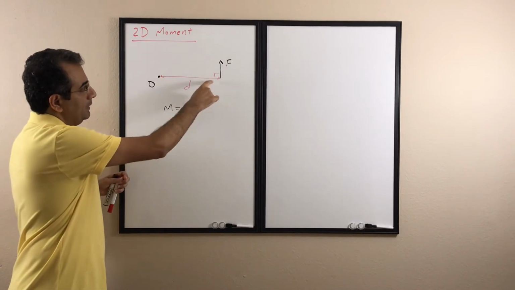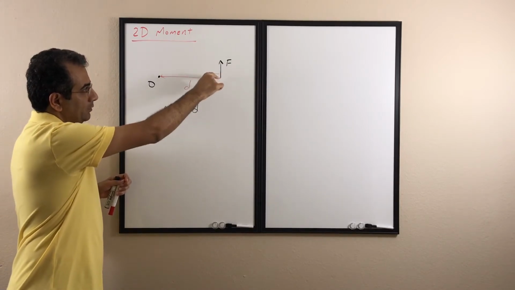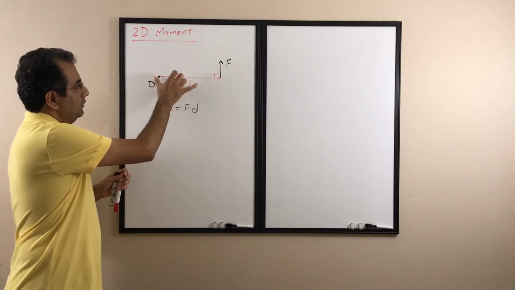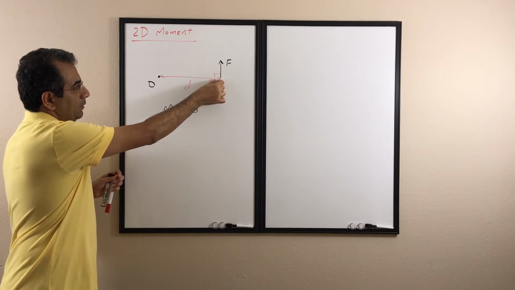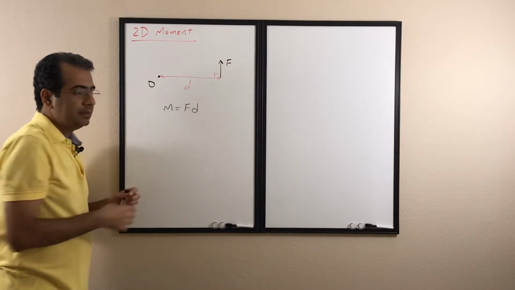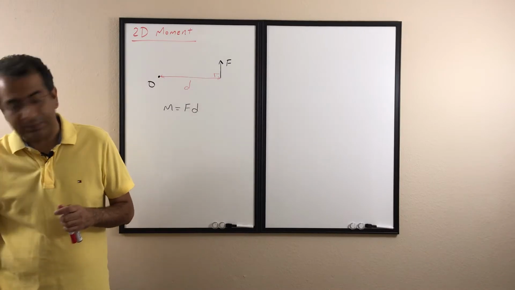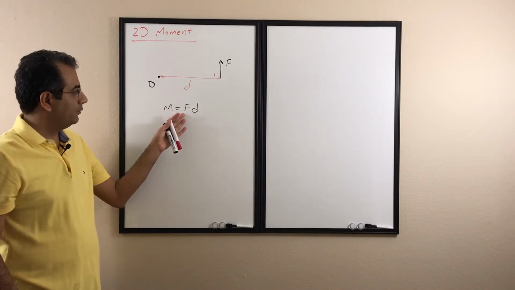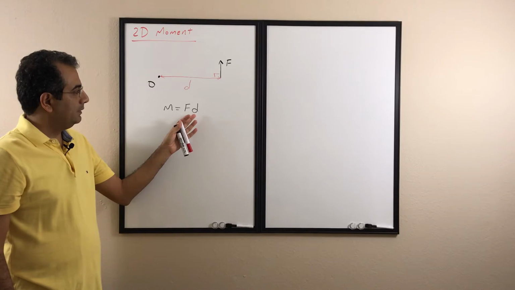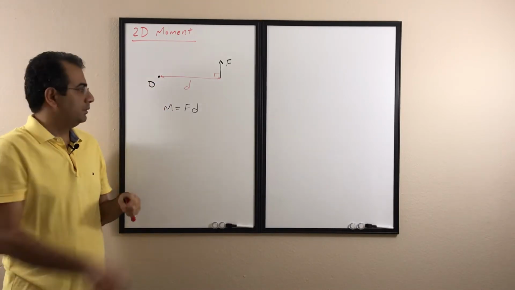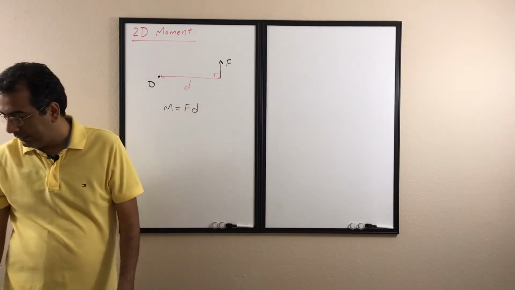Note that the distance here makes a right angle with the force, so it's normal to the force. The distance goes from the point and is normal to the force, and that's the magnitude of the moment we have from the force that has a distance of d from point O. So it's a moment about that point.